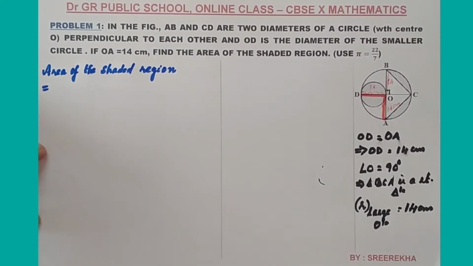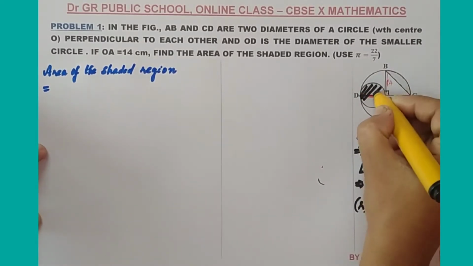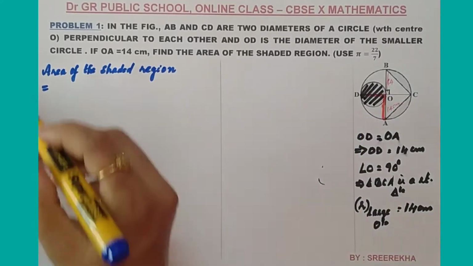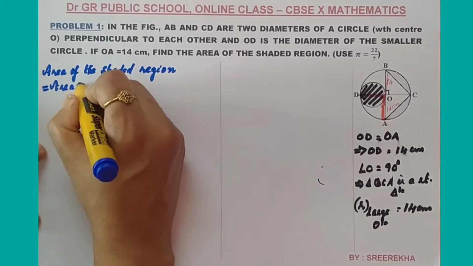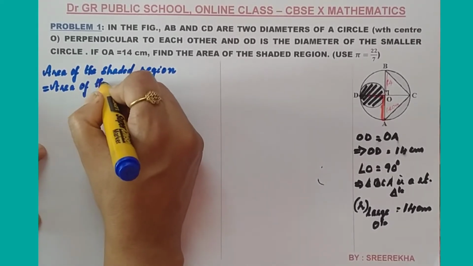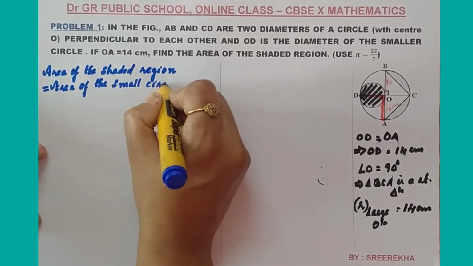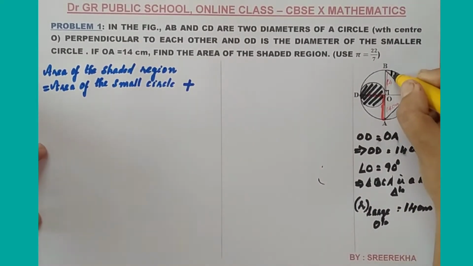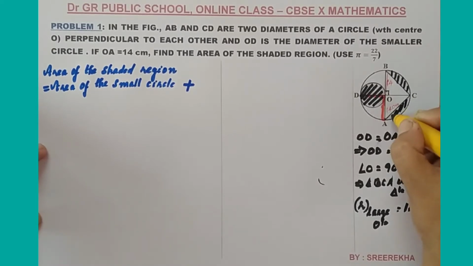One is the area of the small circle. Along with this area, I need to add up this much area too. Can you see? This much area too I need to add up.